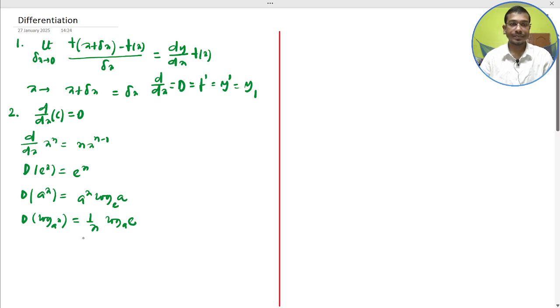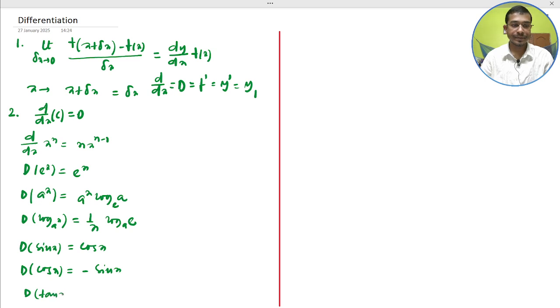Next, D of sin x, differentiation is cos x. D of cos x is minus sin x. D of tan x is sec square x.